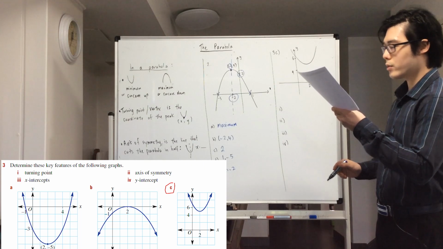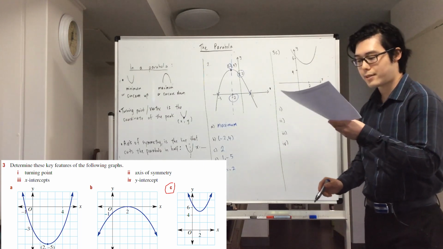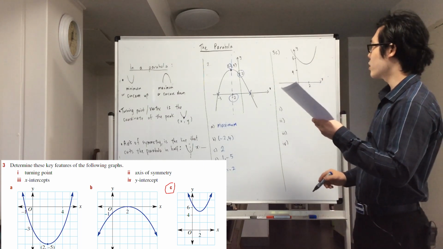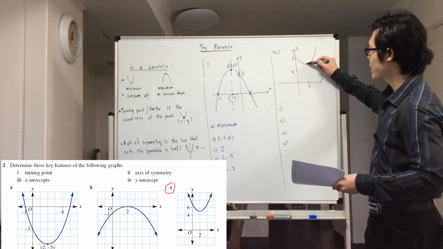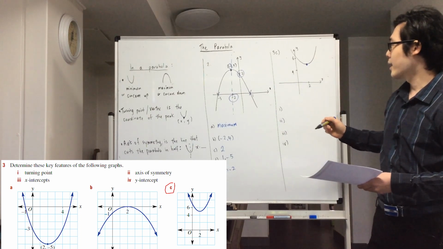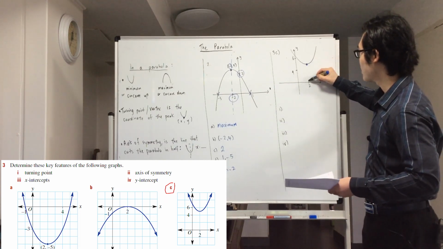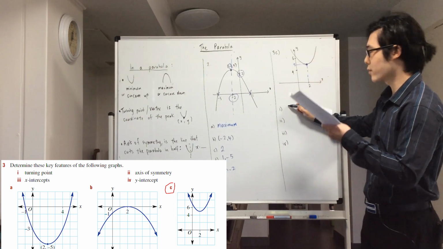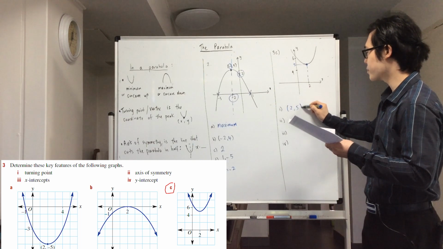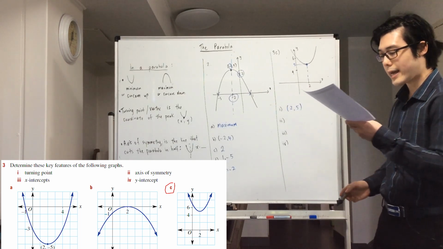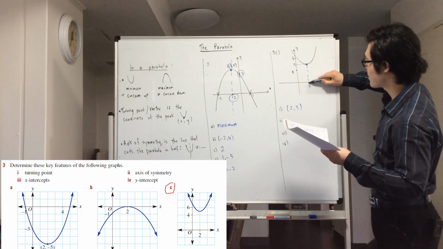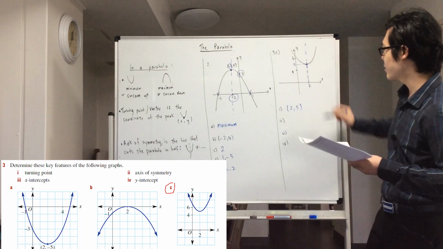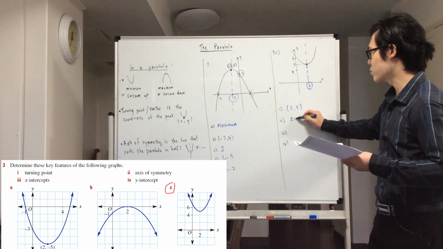So let's have a look at question C in specific. It says find the turning point. So turning point, once again, is find the coordinate of the peak. If you look at the grid and the number, that's obviously 2 and 5. So that's your coordinate of the turning point, 2 and 5. Question II, axis of symmetry. So once again, that's the line that cuts the graph in half. So that's x is equal to 2.